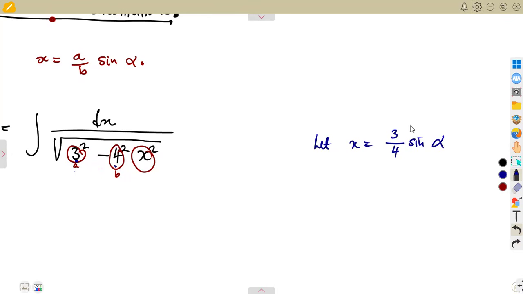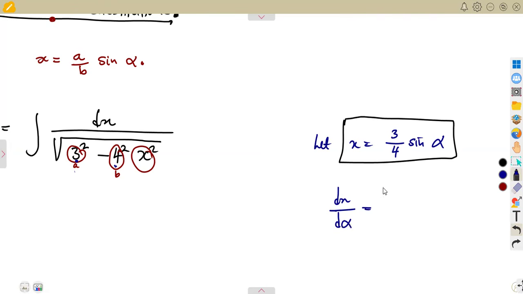As we saw from the part of tan, we are going to need the derivative of the x that we got with respect to alpha. So the derivative of x with respect to alpha. Remember, if you differentiate sine, that's a cos. So that's 3 over 4 cos alpha.